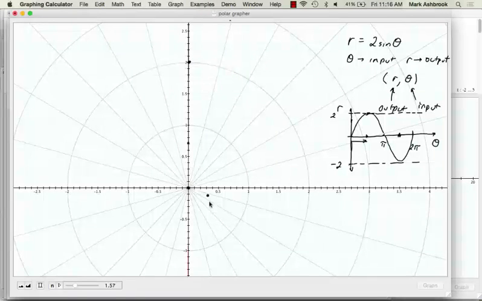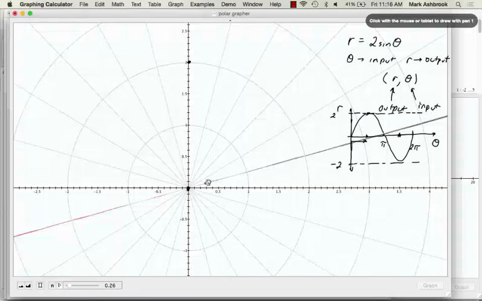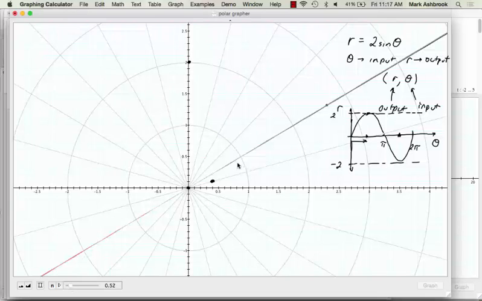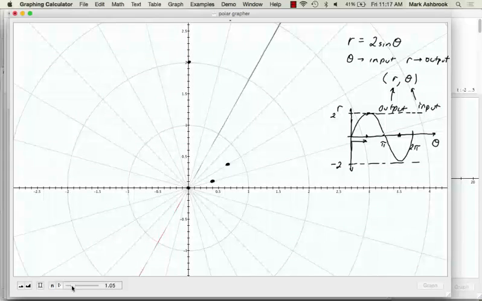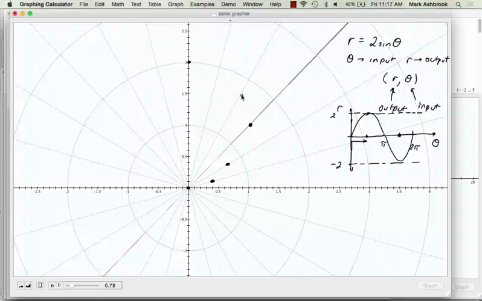So the question is, what does it look like in between? With each increase in angle, you get some distance, and when you increase the angle, you get a greater distance, farther and farther until r increases from 0 to 2.